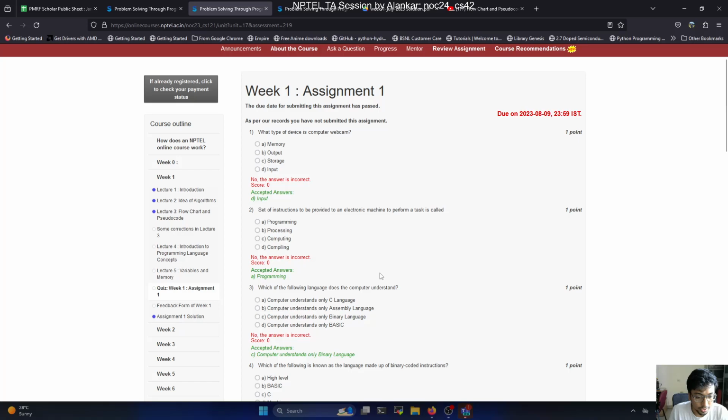So the first question is, which type of device is a computer webcam? This is an input device, because with a webcam the video feed goes into the computer. I guess it's also quite easy, and if any of you have any doubt regarding that, then please ask, and we can discuss this in more detail, right?